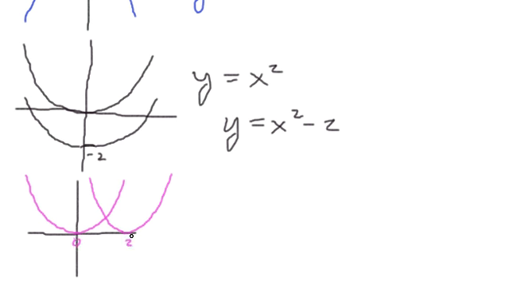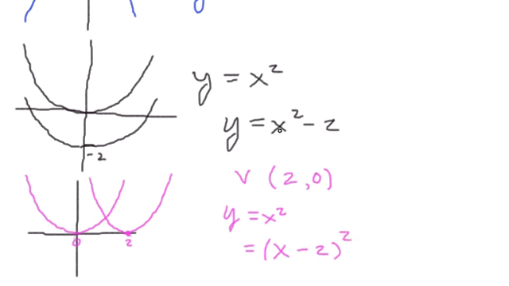If I want to shift this graph over 2 units, now notice that the vertex right here, I'm going to write the vertex. The vertex is 2, 0. Okay, and the vertex here is 0, 0. If I want to shift the graph over 2 units, what I'm going to do here is we have y is equal to x squared. I'm going to plug in x minus 2.